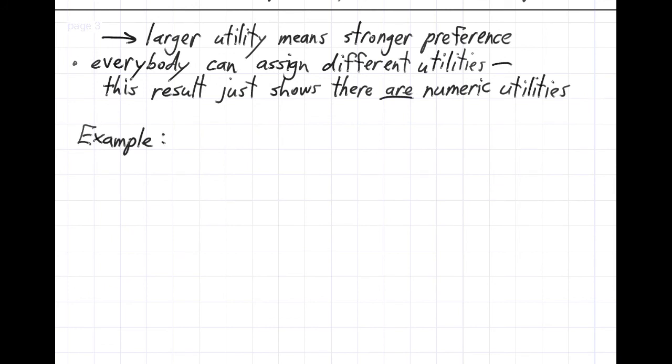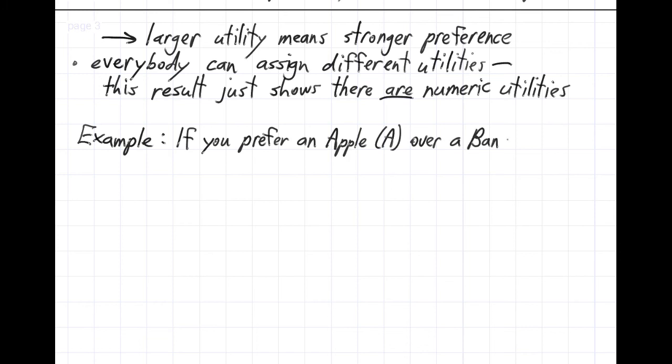Let's say that you prefer an apple, let's say that's A, over a banana, there's our B, and that over a carrot, so that can be C, and let's have one more, over dirt.